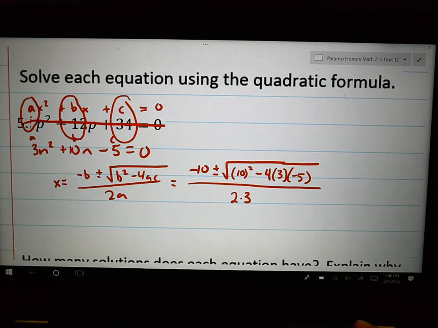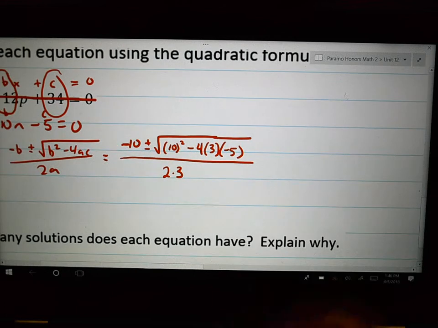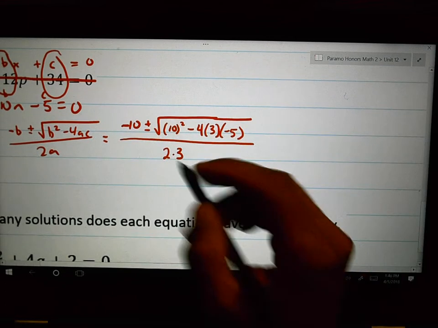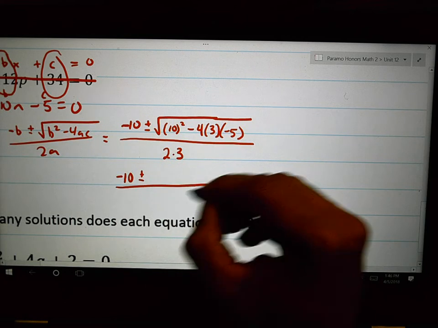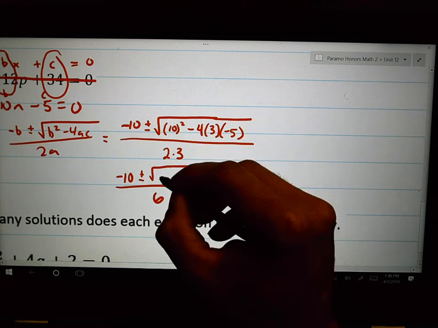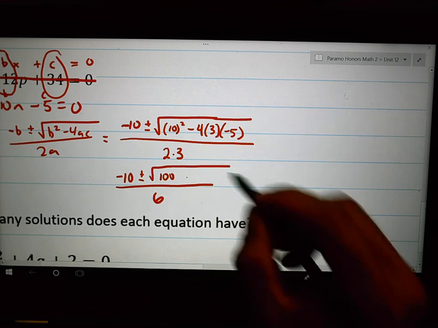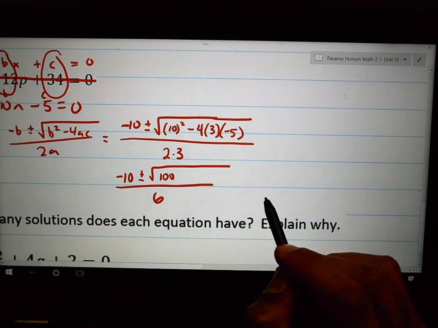So at this point, this is where I'm going to start to simplify. I'm going to multiply before I ever do anything else. Four times 3 is 12. 12 times 5 is 60.